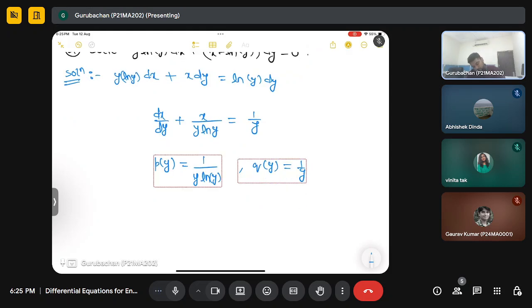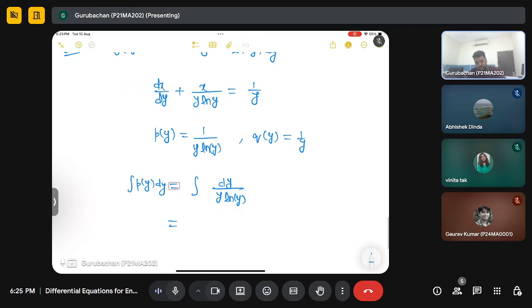Integration of P(y) dy will give you, since the differentiation of ln y will be nothing but 1 by y, this will be like dt by t, so ln t, where t is ln y.